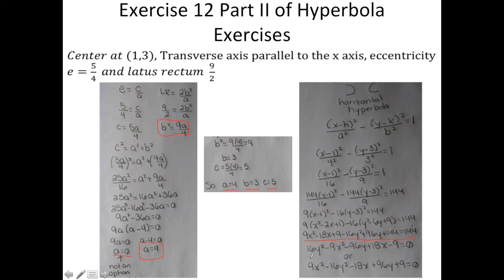You end up with the equation 16y squared minus 9x squared minus 96y plus 18x minus 9 equal to 0. Or you can express it as 9x squared minus 16y squared minus 18x plus 96y plus 9 equal to 0. Whichever one of these is the general equation of the hyperbola that satisfies the conditions they're giving you.